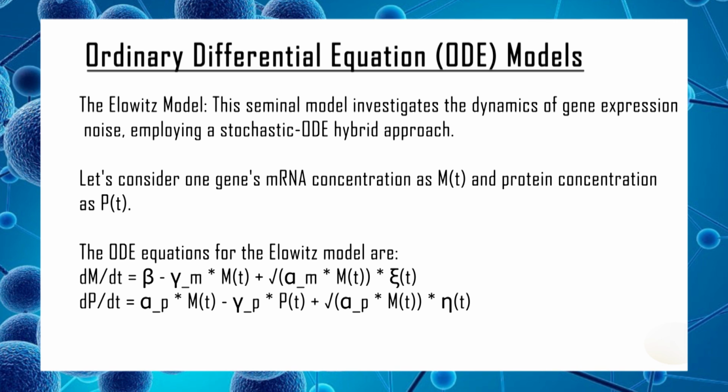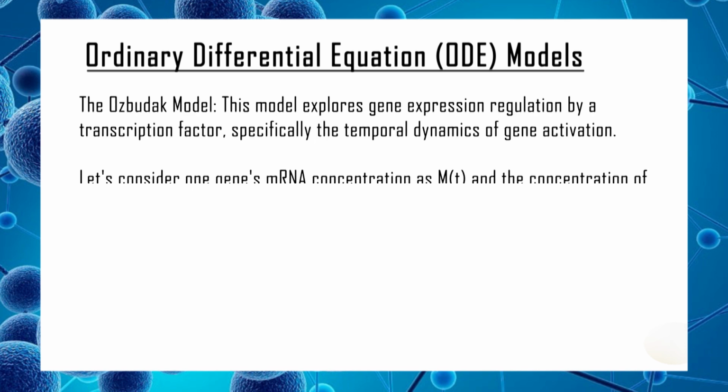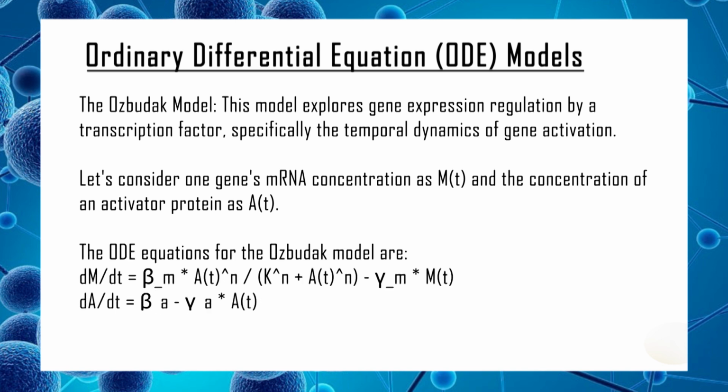This model helps uncover the mechanisms underlying gene expression variability. Let us consider one gene's mRNA concentration as m, a function of time, and protein concentration as p, a function of time. The ODE equation for the Elowitz model can be written as given in the slide.